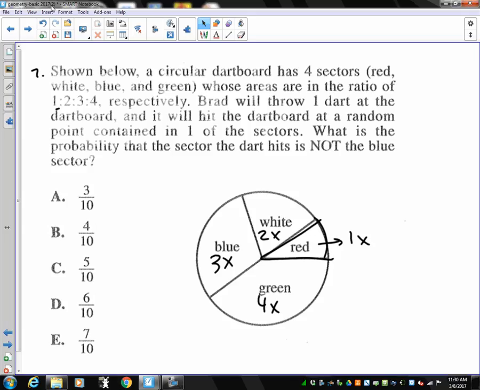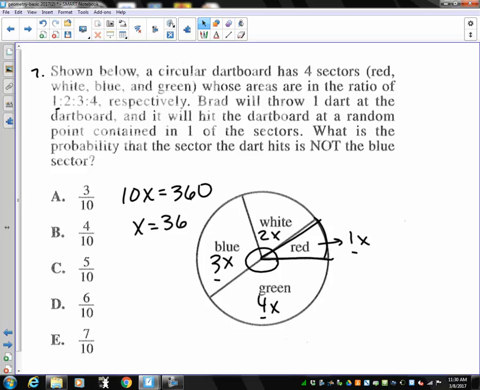We should know that the sum of the degrees in a circle is 360. So if we sum these up, you get 3 and 4 is 7, and 1 is 8, and 2 would be 10. So we would get 10x equals 360. So now we would just get x here to be 36.